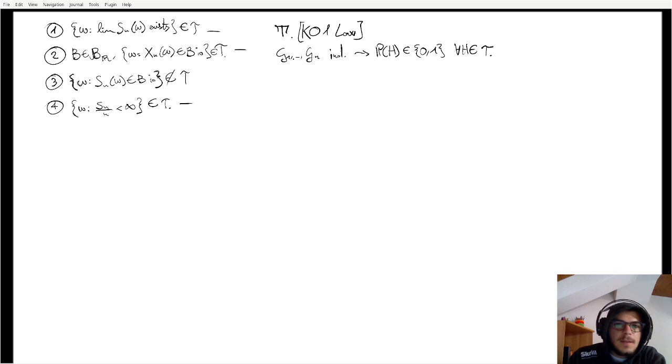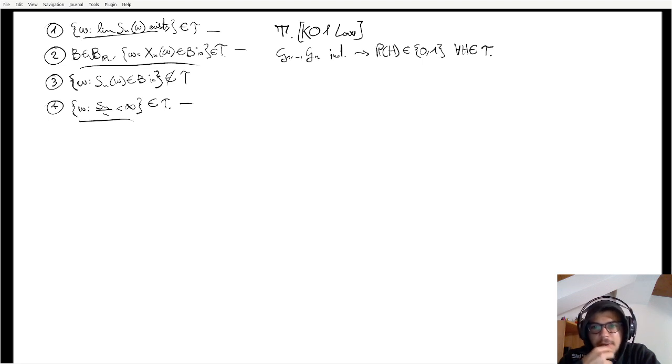So, if the sigma algebras are independent, the probability of this event here, this event here, and this event here will be either 0 or 1. So, either the limit will exist or it will not. Either the realizations of the process will hit a set infinitely many times or not, and the mean of the process will be finite with probability 0 or 1.